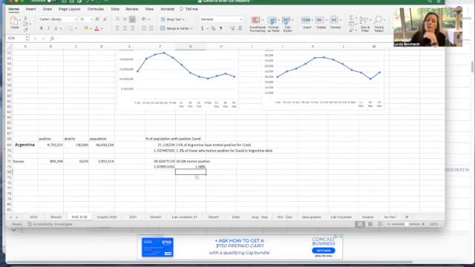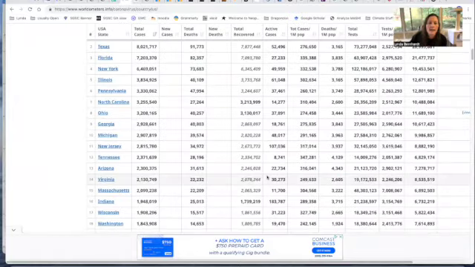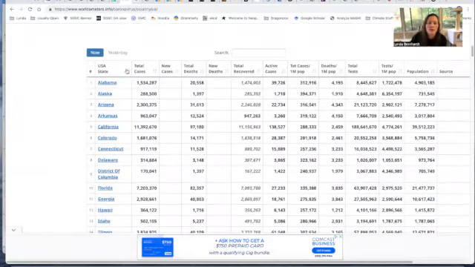This is a very important concept because you're going to be comparing places like California. Let's look at the difference in population here. You're going to be looking at a place like California, where you see over 11 million cases, but their population is 39 million.